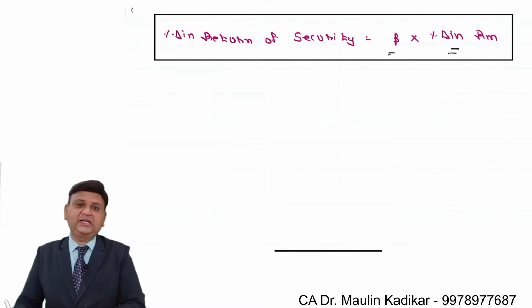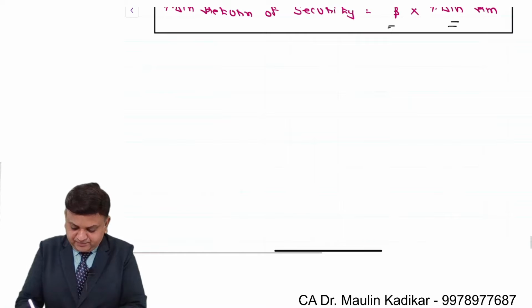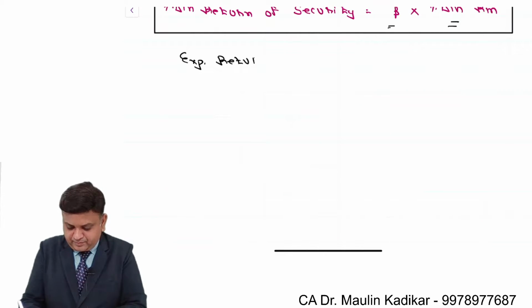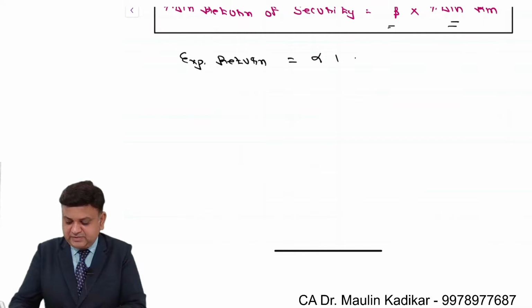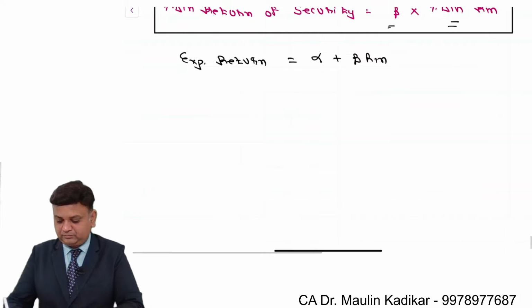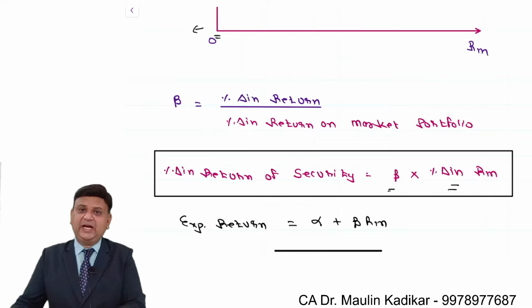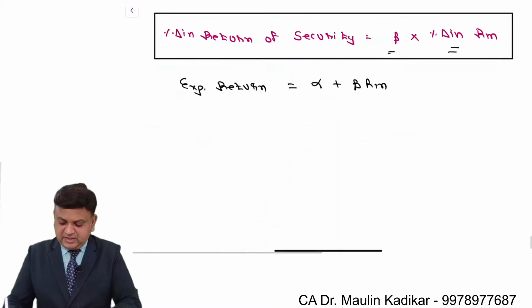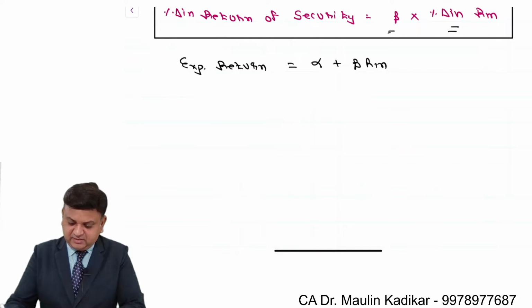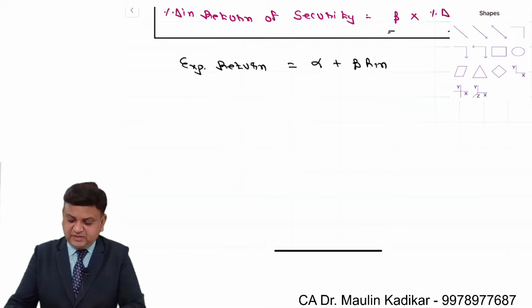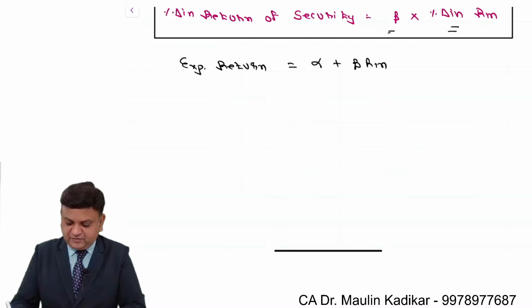So basically the characteristic line is like this. The expected return from the security is alpha plus beta into Rm. This is the way the expected return of the security is calculated as per characteristic line. Understand the meaning of this characteristic line. Alpha, this is not the alpha that we have studied previously, it is a different value of the alpha.